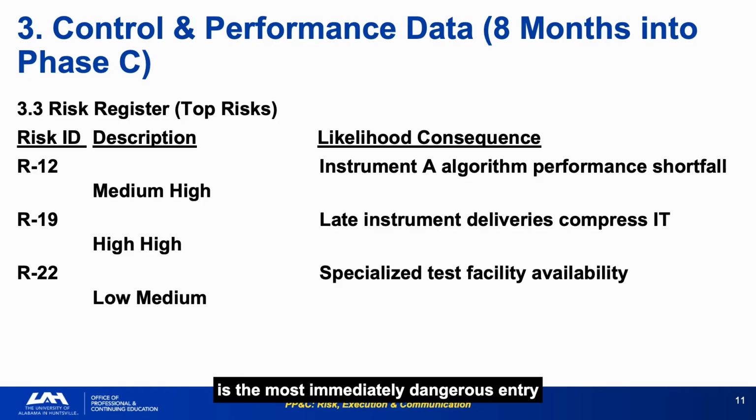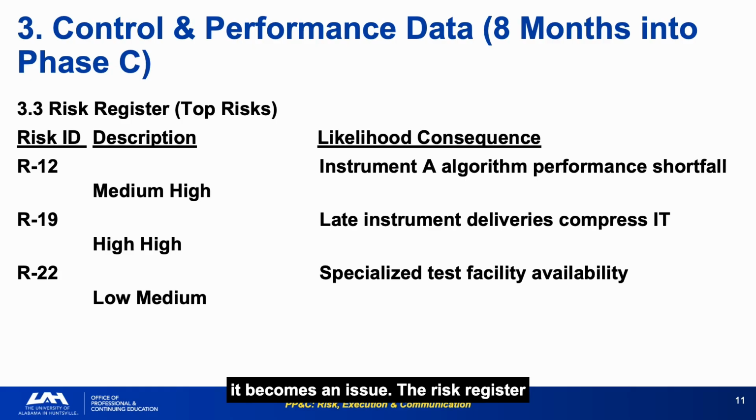R19 at high/high is the most immediately dangerous entry on the risk register, not because it has the largest technical consequence, but because it is the most certain to occur and will cascade directly into the most constrained part of the schedule. R12 at medium/high is the risk that is about to transition from a probability to a fact. In the next slide, it becomes an issue.